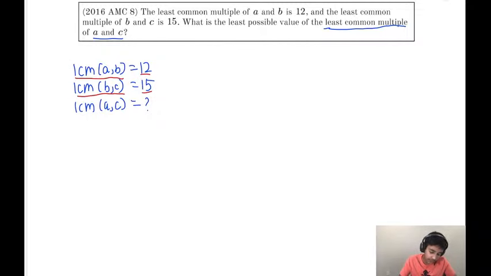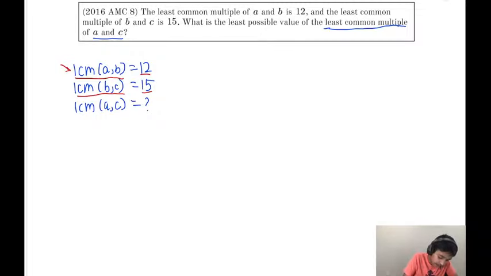So the idea here is that B is going to be a factor of the LCM of A and B, because the LCM of A and B has factors from both A and B. So B will be a factor of this quantity.